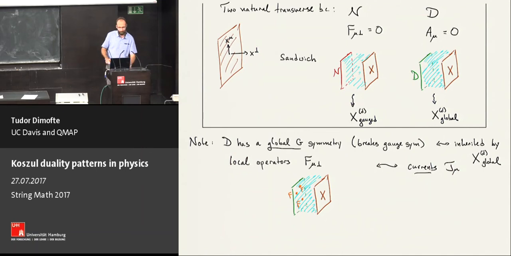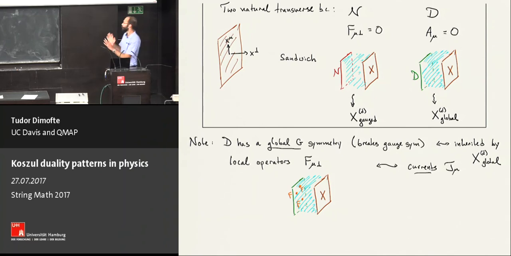To make that a little bit concrete, let me observe again that the Dirichlet boundary condition, by definition, breaks the gauge symmetry to a global symmetry. You can even see operators that act effectively as currents for this global symmetry. They come from the mixed components of F, which survive on the Dirichlet boundary condition.